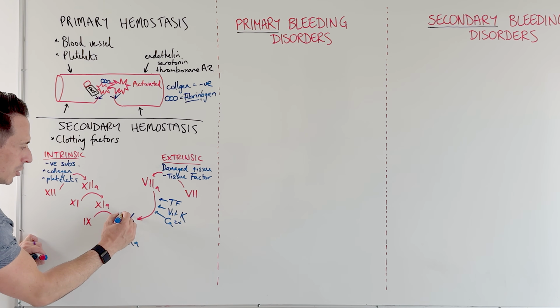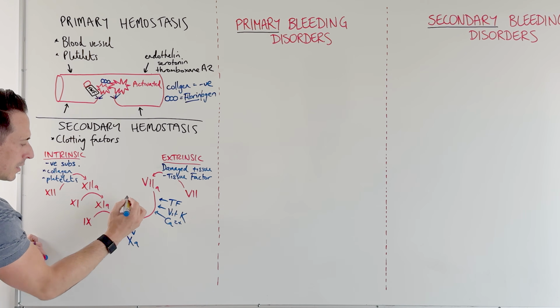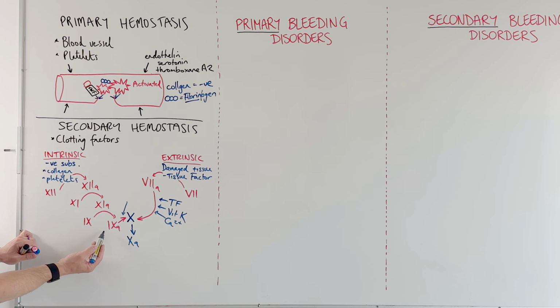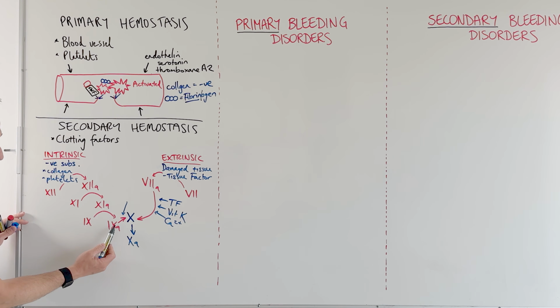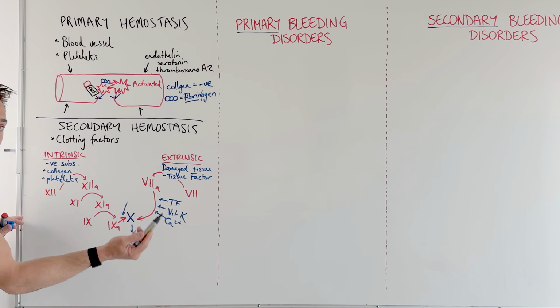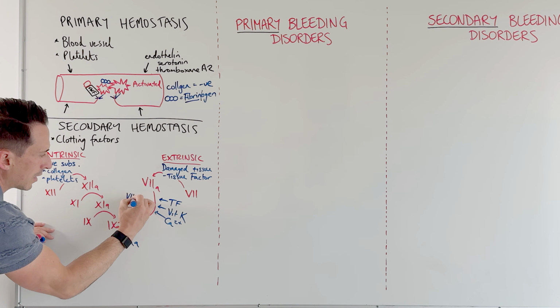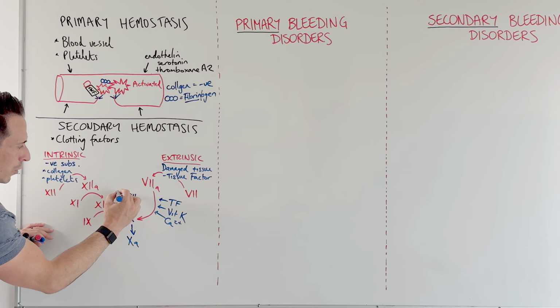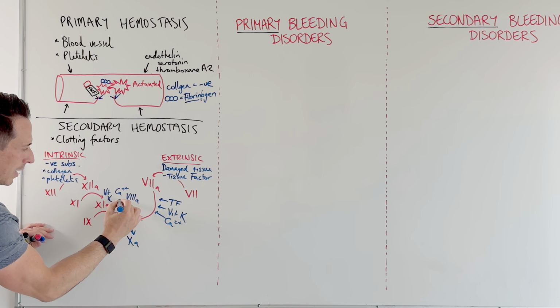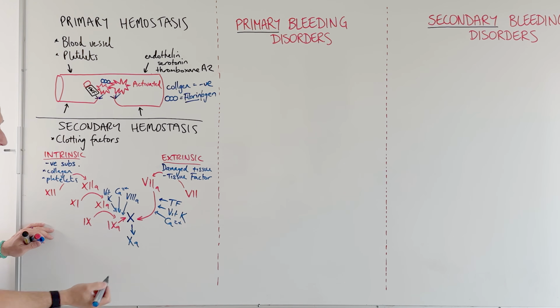What does 9 need to do it? It needs factor, well, what are we missing? We've done 12, 11, 10, 9, something, 7, it's 8, right? So we need activated factor 8. We also need calcium and vitamin K as well.